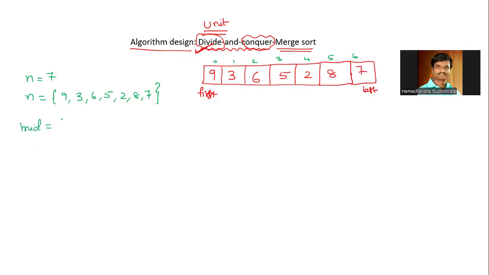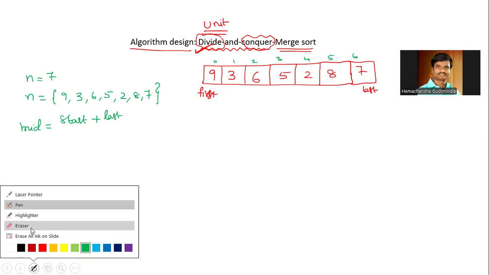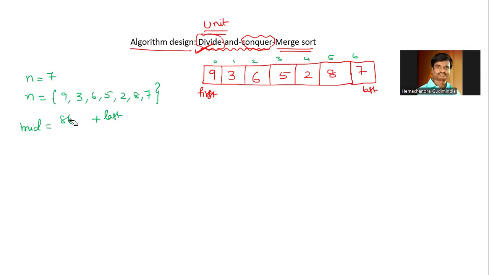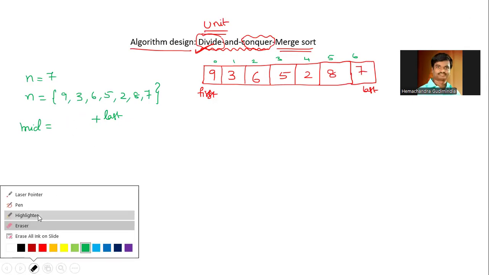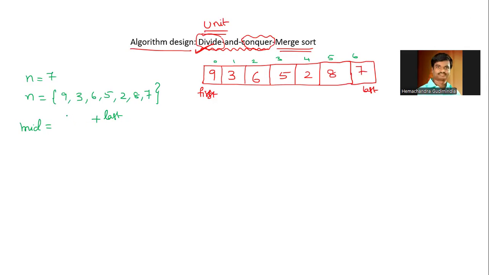What is the midpoint? First index plus last index, you can write start or end, divided by 2. So now the first index is 0 and the last index is 6, so 6 by 2, the third index is your midpoint.